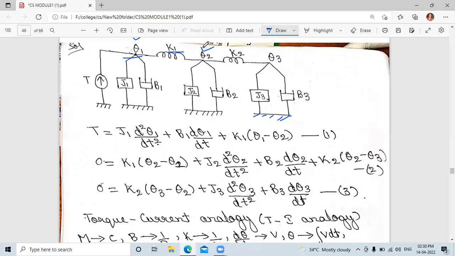When we are writing this equation, first you should consider theta 2 minus theta 3, and for K1 theta 2 minus theta 1, because we are writing for the second.